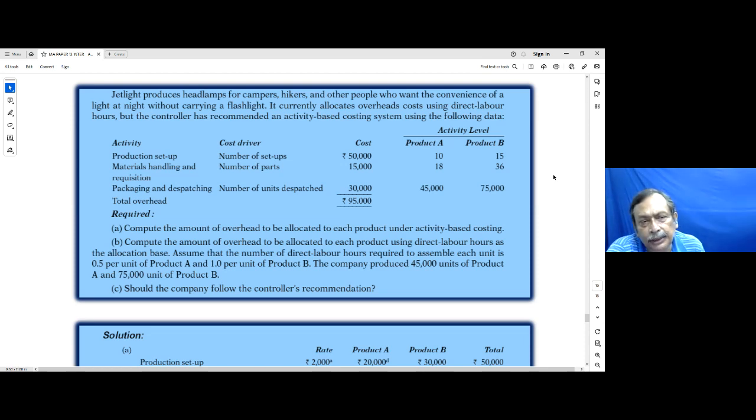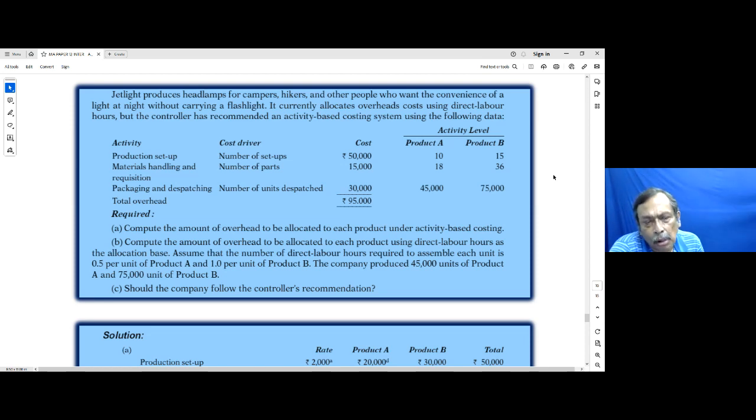Materials handling and requisition, number of parts is the cost driver. Cost is 15,000. For product A it is 18 and product B it is 36. Packaging and dispatching, cost driver is number of units dispatched, cost is 30,000. Activity level for A is 45,000 and for B it is 75,000.